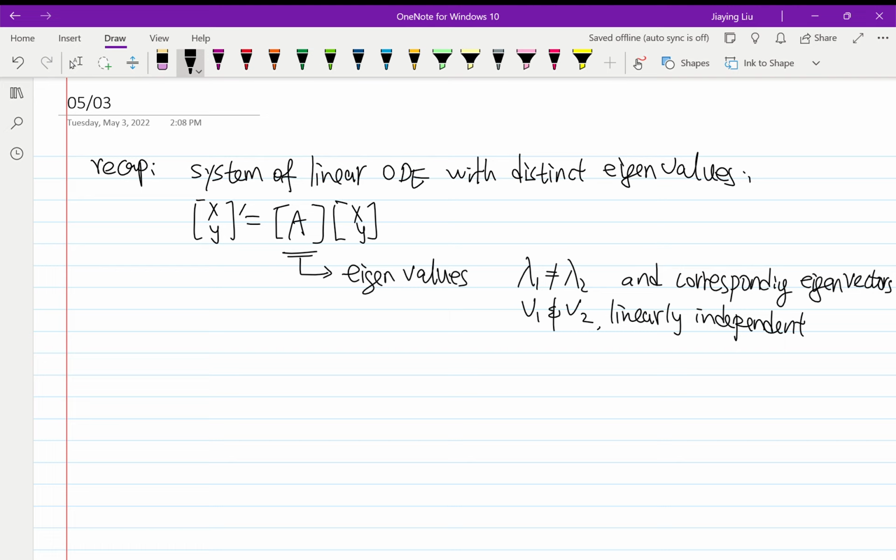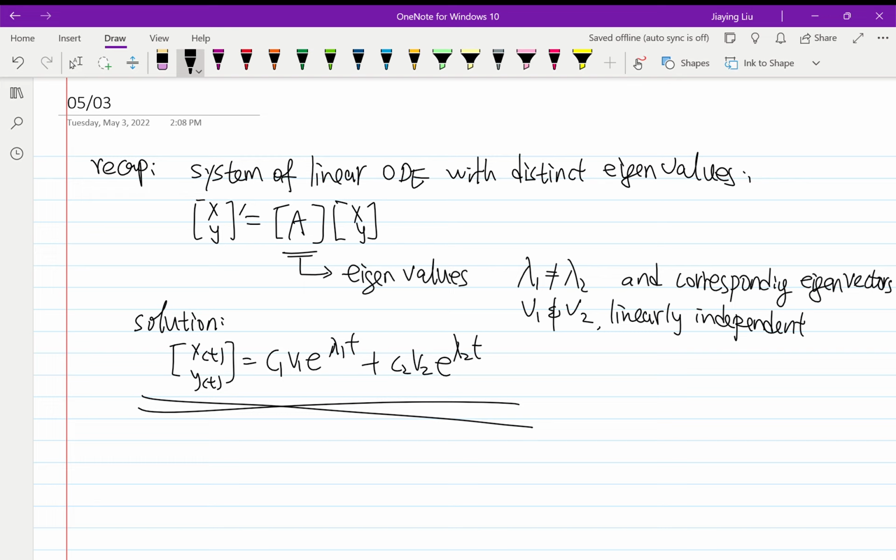One is not a scalar multiple of the other. So in this case, the solution has the form x of t, y of t equals c1 v1 e to the lambda 1 t plus c2 v2 e to the lambda 2 t. If we know those eigenvalues and eigenvectors, we can put them into this form and get a solution to the system. That's what we talked about last time.